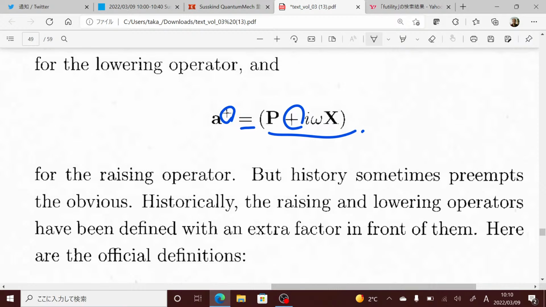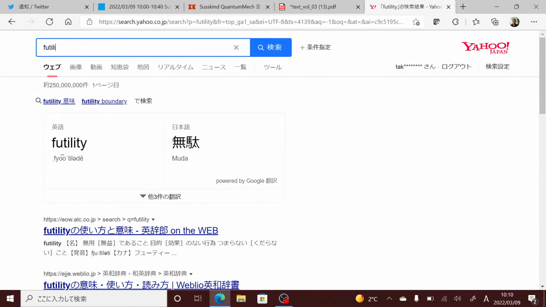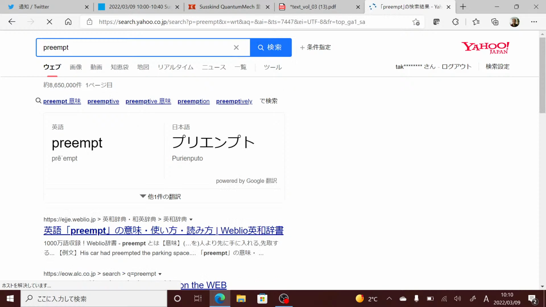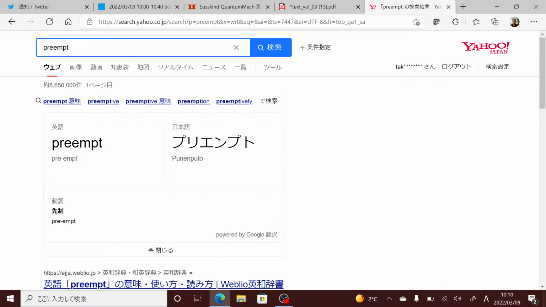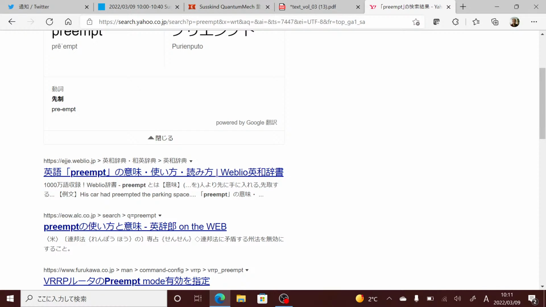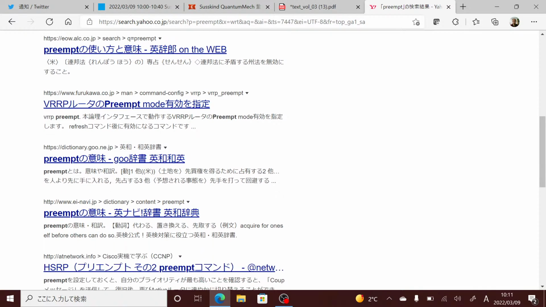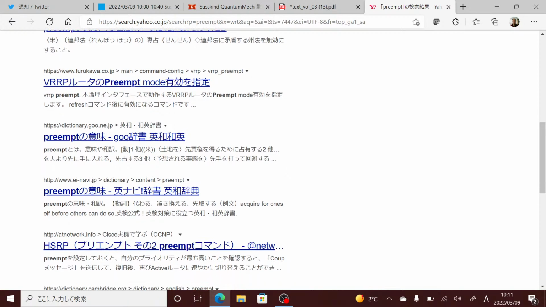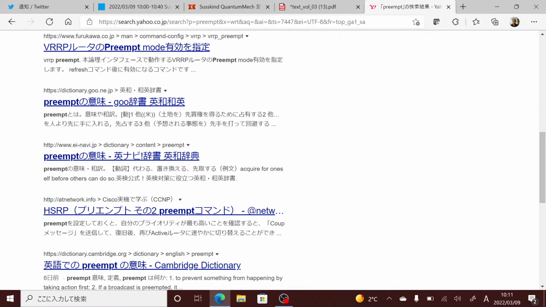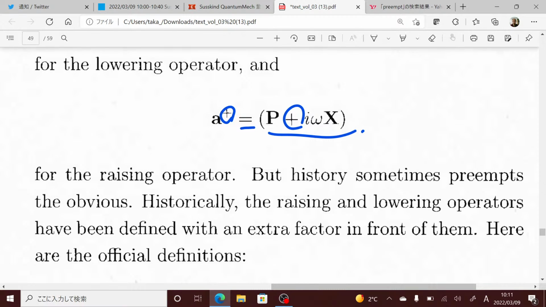Preempts: 選取する。変わる、置き換える、選取する。History sometimes preempts the obvious.